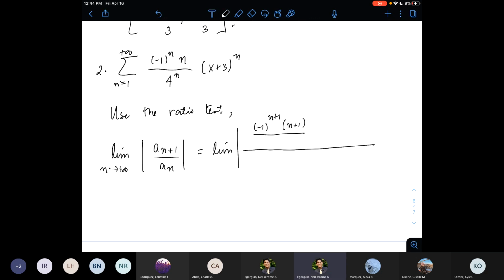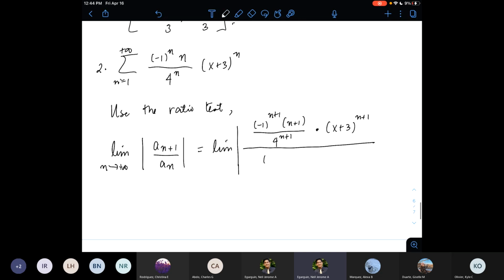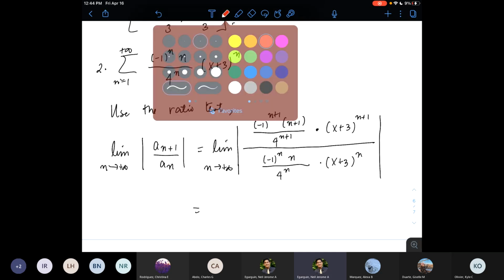Let me do that here. 4 to the power n plus 1 times x plus 3 to the power n plus 1 divided by, I'll just copy the term. As n approaches infinity. Now I can start canceling at this point.